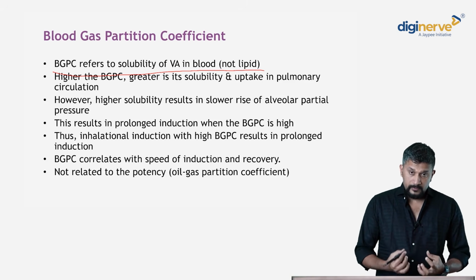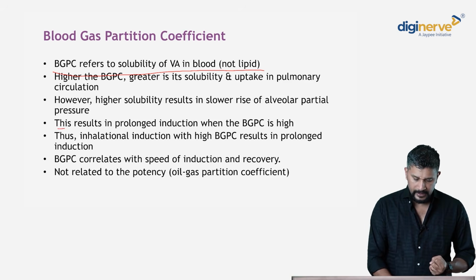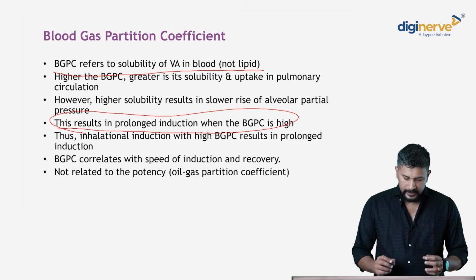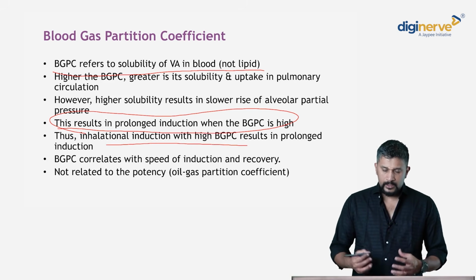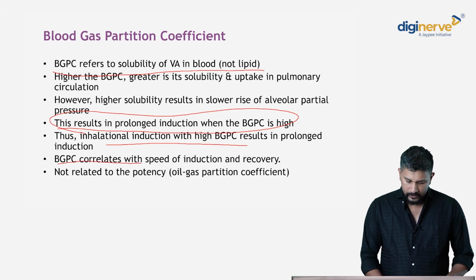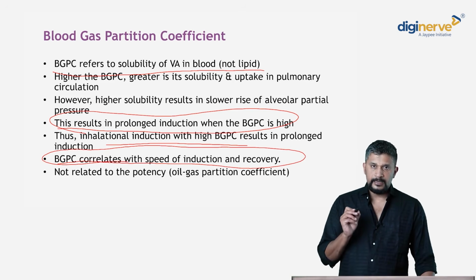Slower will be the rise in the alveolar partial pressure, and this would lead to a prolonged induction when the blood gas partition coefficient is high. And so therefore, inhalational agents with higher blood gas partition coefficient will result in a prolonged induction. So blood gas partition coefficient therefore correlates with the speed of induction and recovery.